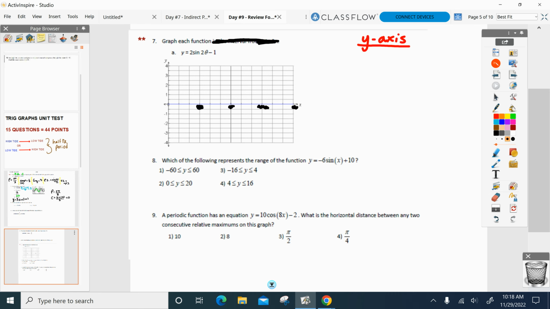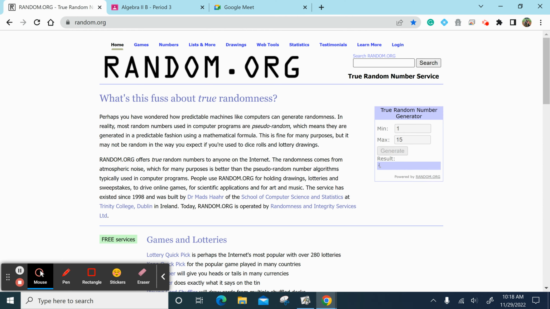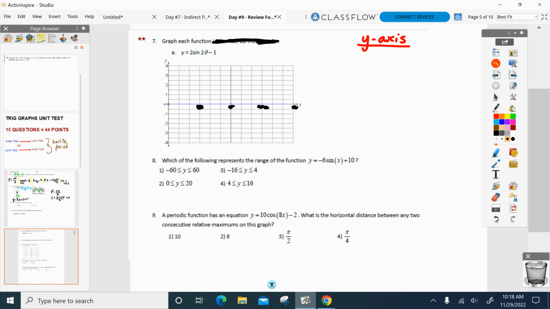All right, what's got to go on the y-axis? Not specific numbers. What three values always go on your y-axis? Max, min, midline. Using the equation, find them.